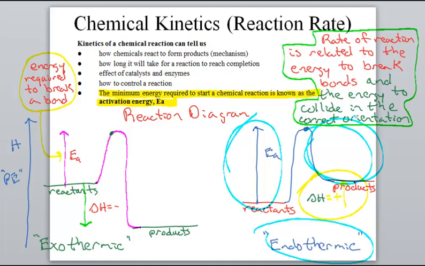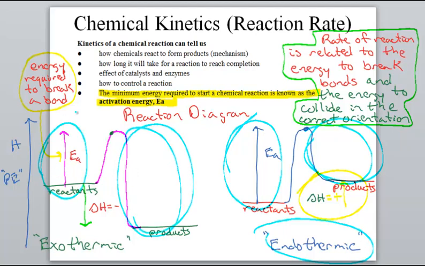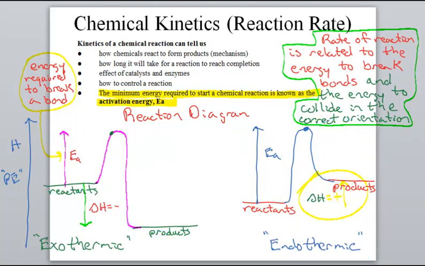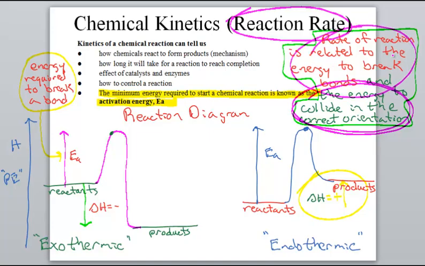An exothermic one is different. More energy is released when bonds are made than what's required to break the bonds. So, breaking bonds is the first step in a chemical reaction. As far as reaction rate, anything that you can do that can make it easier to collide in the correct orientation or to break a bond will affect reaction rate.